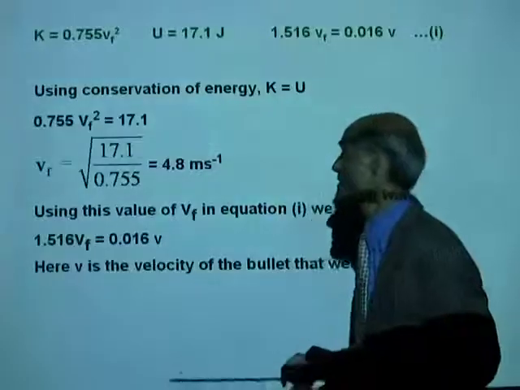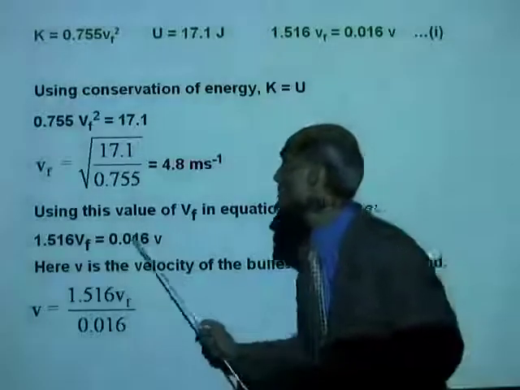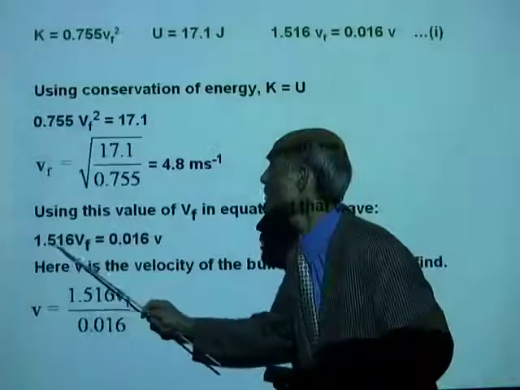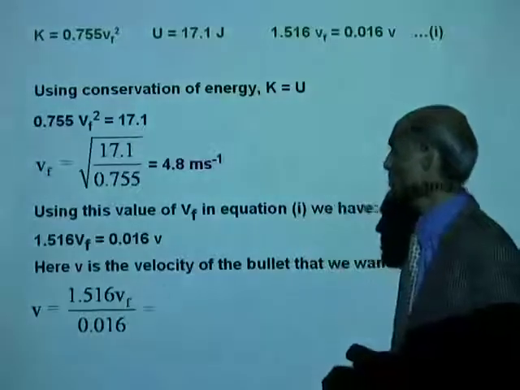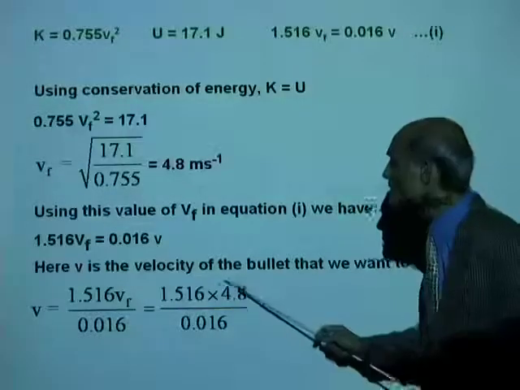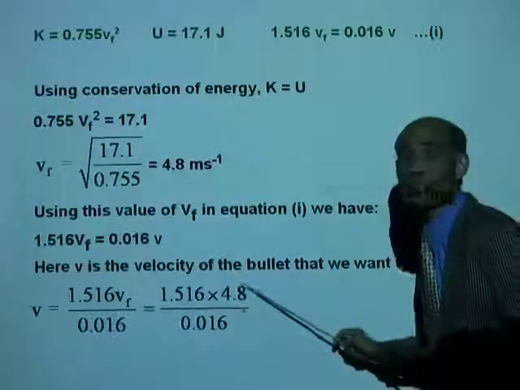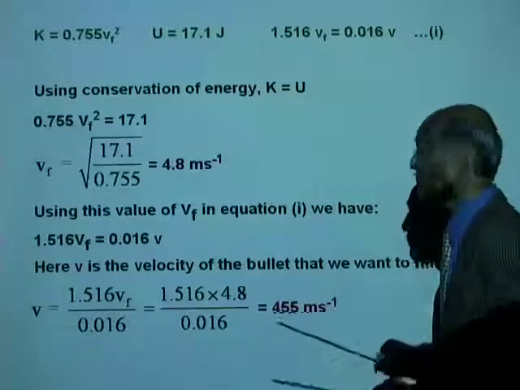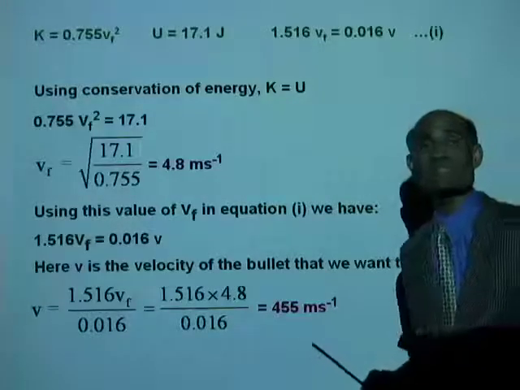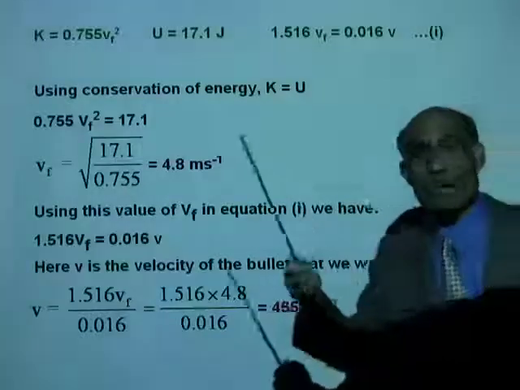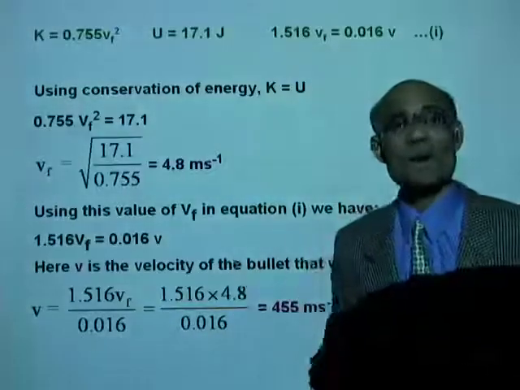Using that, we can now find the V. V equal to 1.516 Vf divided by 0.016, and using the value of Vf, we get 455 meter per second, and that is the velocity of impact of the bullet.